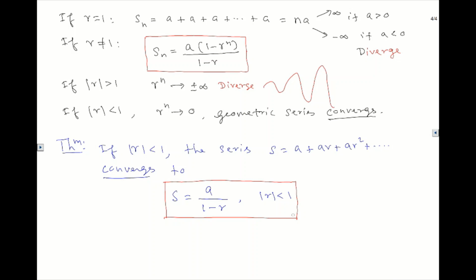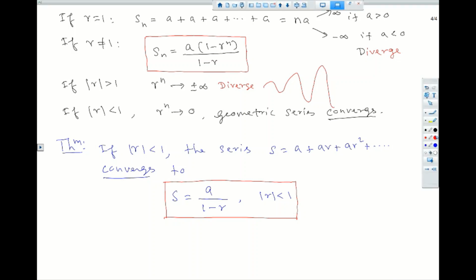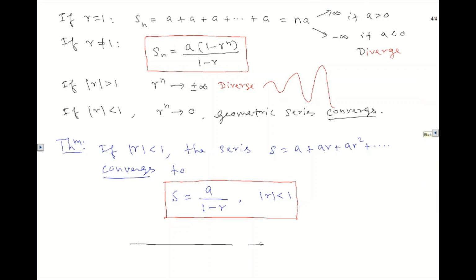And then we can remember a simple result. If you draw the corresponding number line, this is 0, and then we have 1 and -1.